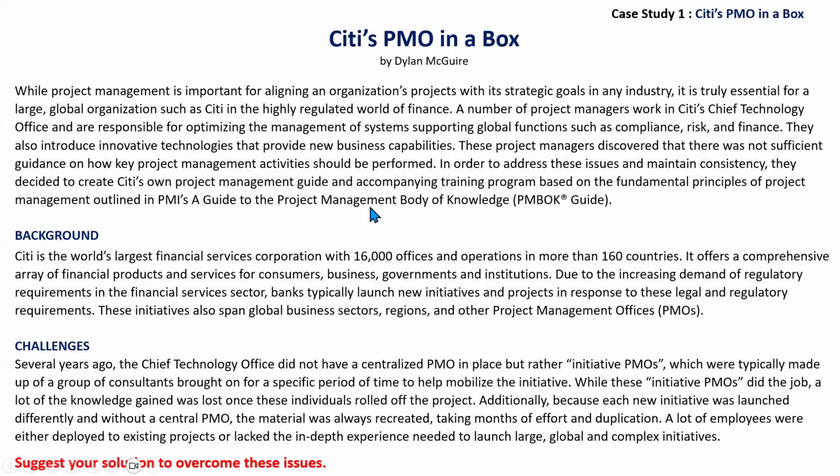In the background information that they have given, Citi is the largest financial services corporation with 16,000 officers and operations in more than 160 countries. So when a company is operating in 160 countries, it's a very large scale organization, a very big global organization. And they have 16,000 officers.